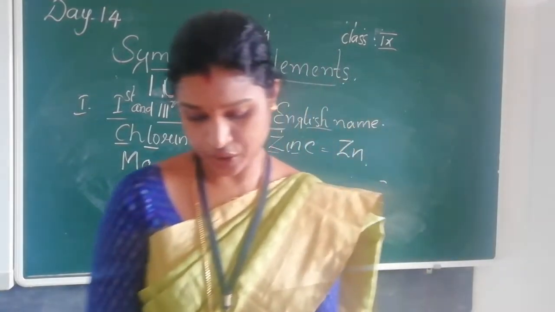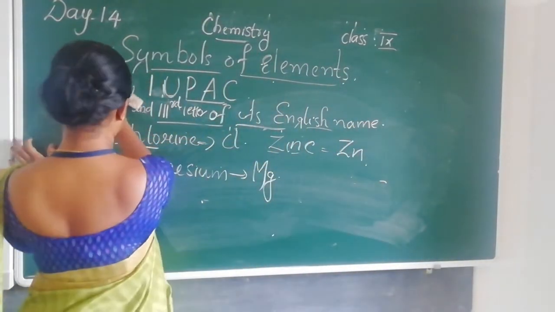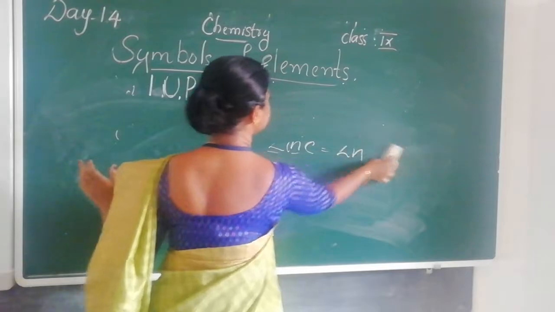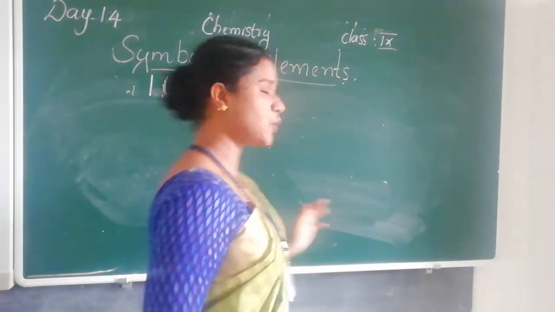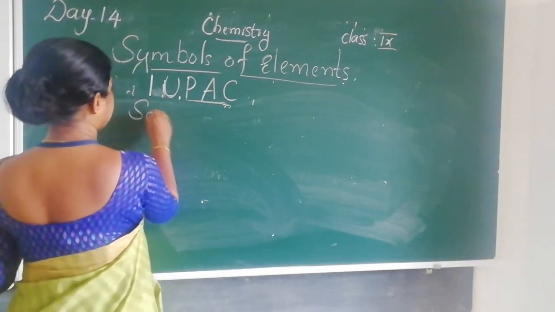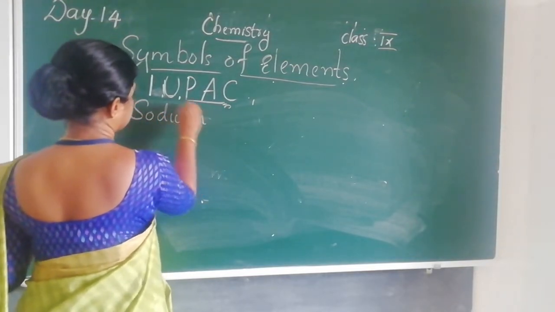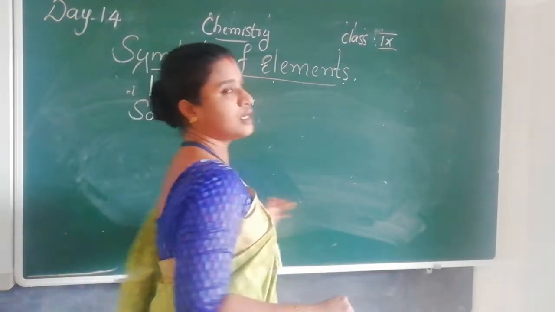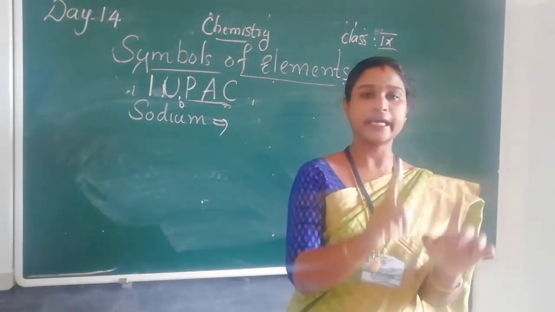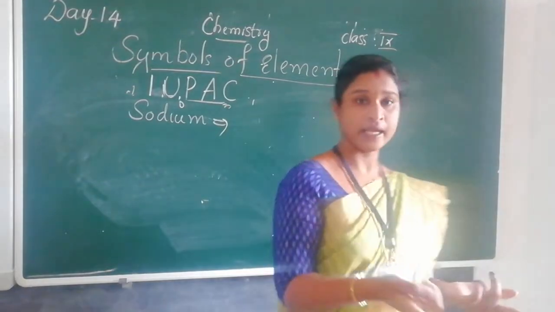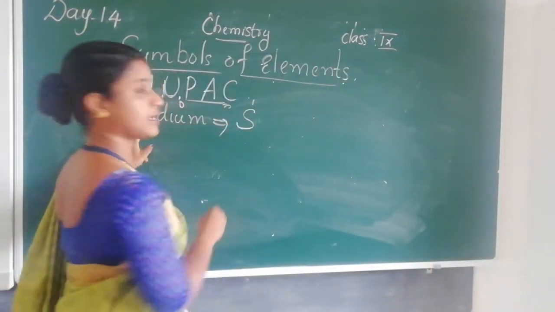Now I will tell you about the symbol of another element. Did you hear about sodium? Sodium. As per the rules we discussed a moment before, its symbol may be S, first letter, isn't it?